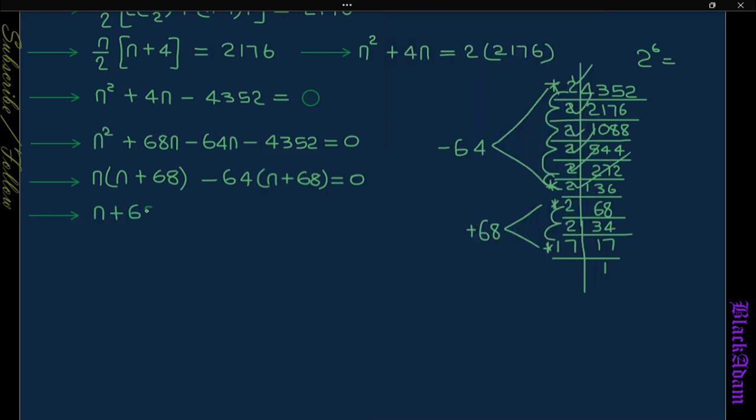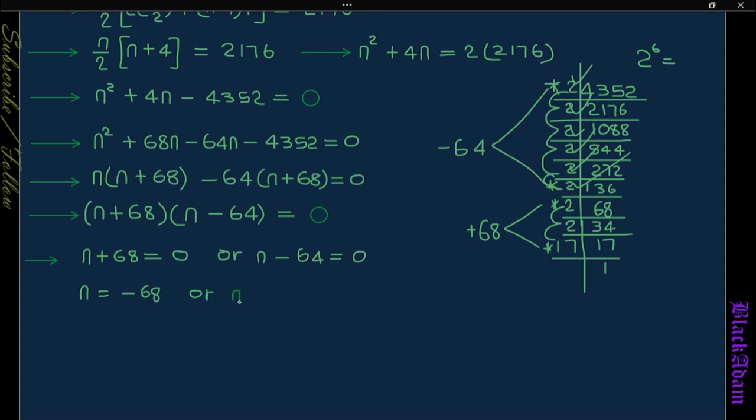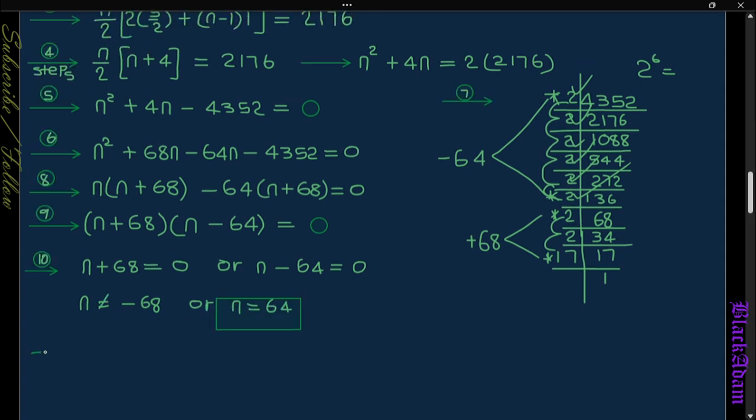We factor n plus 68 and are left with n minus 64. So n plus 68 equals 0 or n minus 64 equals 0, so n equals minus 68 or n equals 64. That's not a negative term, so n is 64.